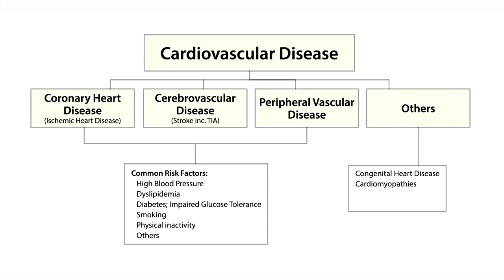Then there are some diseases of the heart which are related to infections, like rheumatic heart disease, which affects the heart valves, but is principally because of the body's reaction against streptococcal sore throat. And you have other forms of blood vessel disease also called aorta arteritis. But the most frequent ones, which are the major killers in the world, are coronary heart disease and stroke.